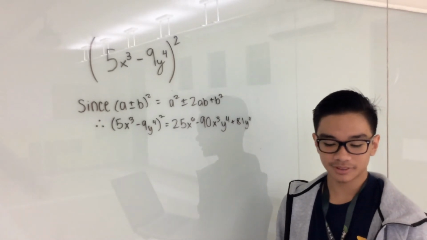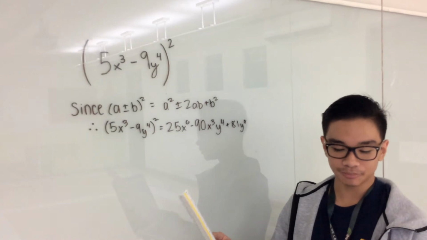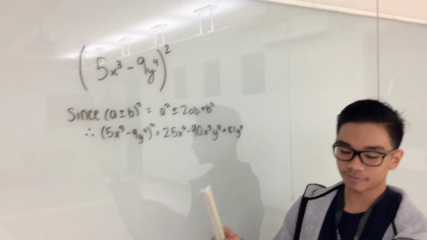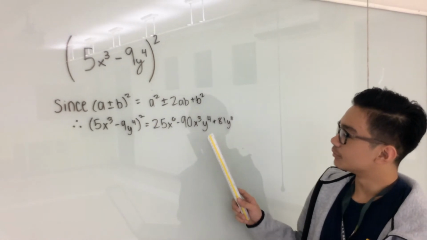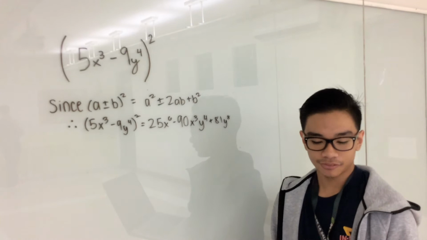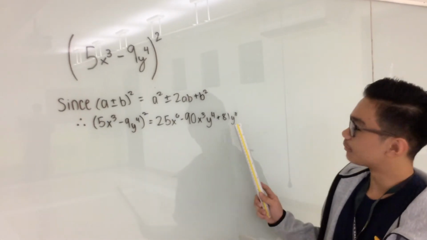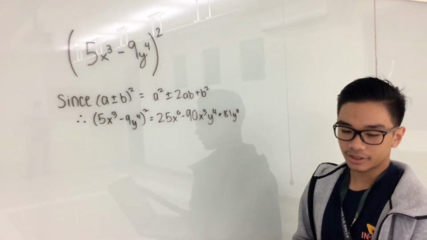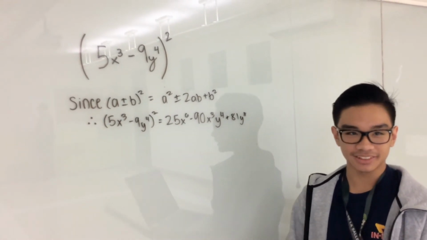This is a common misconception among different people. The next term would be the first term multiplied to the second term multiplied to 2. So the second term of the simplified expression would be minus 90x cubed y to the power of 4. Then the last term would be the square of the second term, which is 81y to the power of 8. We got the last term and its exponent since we did the same thing as we did to the first term.